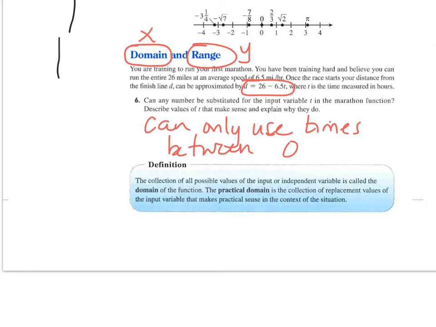And I think if you plug in anything above 4, you would get stuck here because then my distance would start to go negative. So anything between 0 and 4, any rational number between 0 and 4 would be okay here. Anything outside of there doesn't make sense. So that's what we mean when we talk about practical domain. It's the ones that make sense for that scenario. Okay, so the actual domain can be different. Okay, so let's take a look.